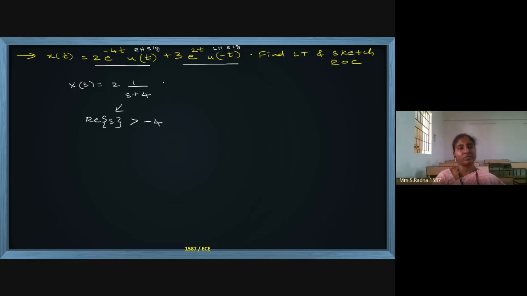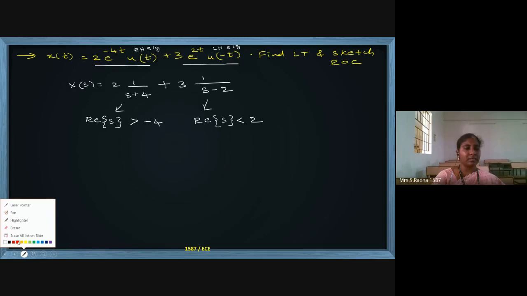Plus 3 is there from the second term, so I will have Laplace 1 by s minus 2, and the ROC is real part of s less than plus 2. Less than comes because this is a left-handed signal, and greater than comes because the other is a right-handed signal.